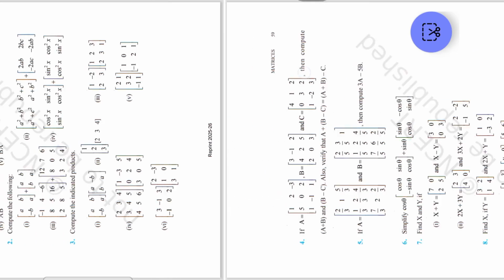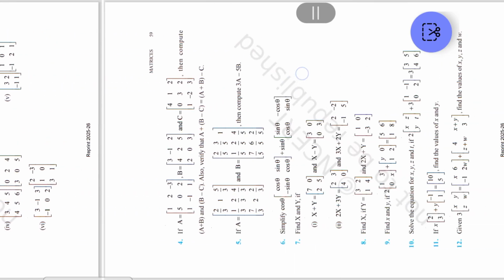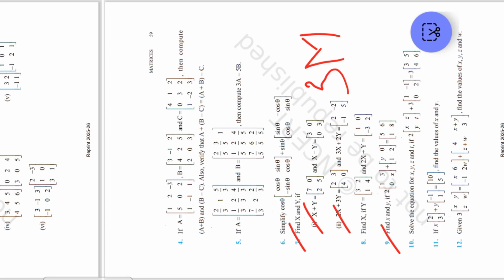In the 3.2 exercise, question number 7, the first one and second one are important, and find the x and y values. This is a 3 marks question. Both the 7th and 9th questions are 3 marks questions, and one question is asked in the examination.